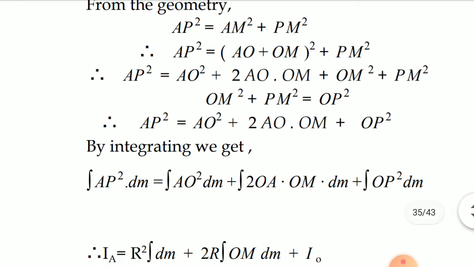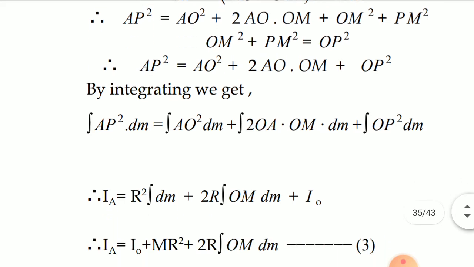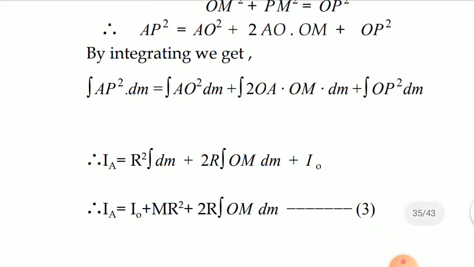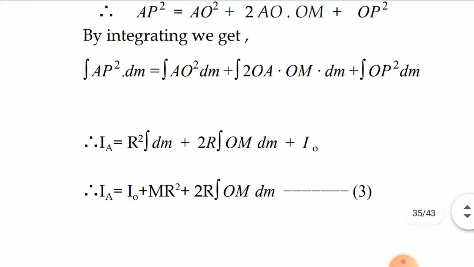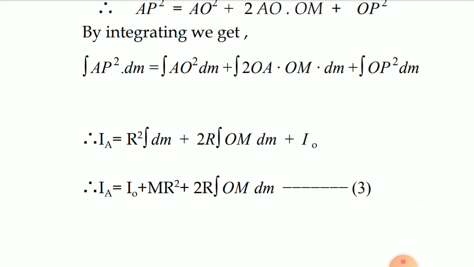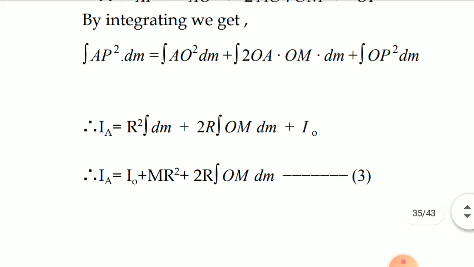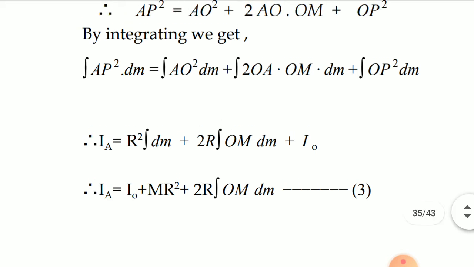Now I multiply each and every term by dm on both sides and integrate, and that gives me that the integration of AP squared dm, which in fact happens to be your IA, is equal to the integration of AO squared dm, out of which AO is a fixed distance equal to R, so AO squared will be common outside the integration.